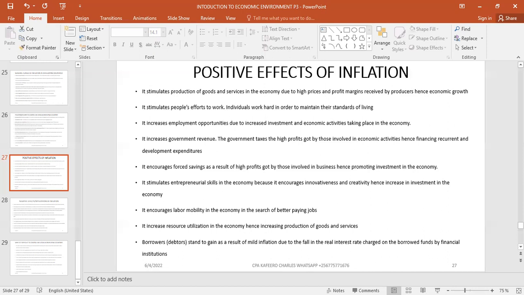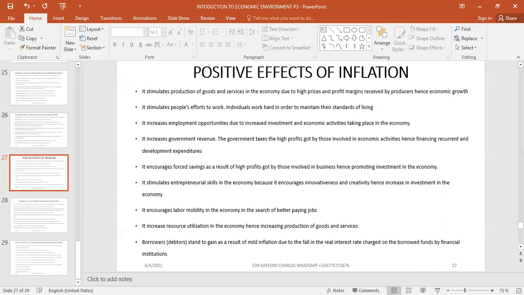The other one, it also stimulates the entrepreneurship skills. Why? Because when the people are engaged in production, we expect them to be innovative, to produce more and more varieties of commodities. So as they think, or as they are investing in the economy, we expect that we are going to be improving each and every time.